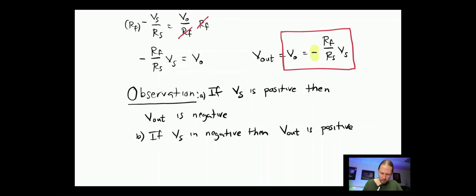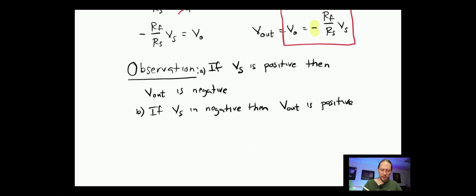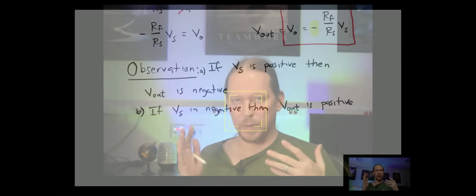One last thing really has to do with the magnitude of the output voltage. Notice that we can actually control the magnitude of the output voltage by controlling the value of the feedback resistor. If we make the value of the feedback resistor very, very large compared to the resistor R S, then we can obtain an output voltage with a very large value.